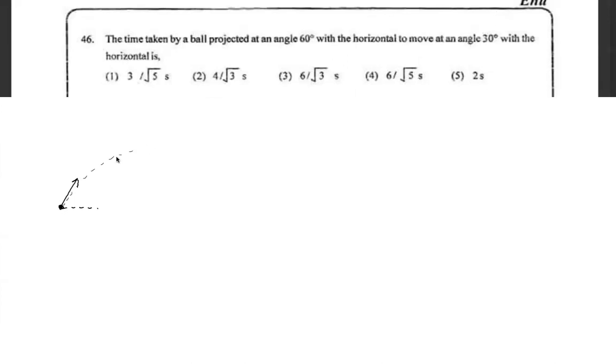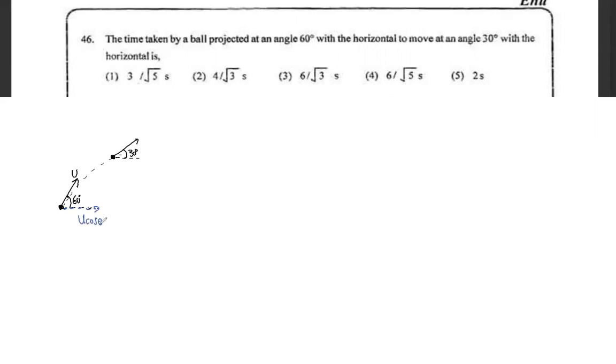So now the object will be here moving like this with an angle of 30. It will have an initial velocity of u and the initial angle is 60. So there will be a horizontal component here. What is this horizontal component? U cos 60.